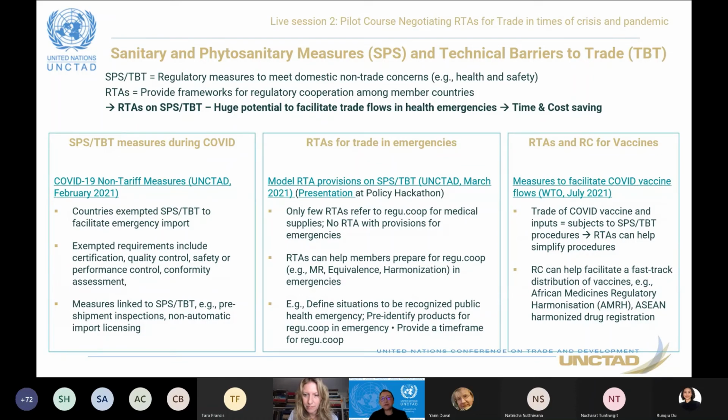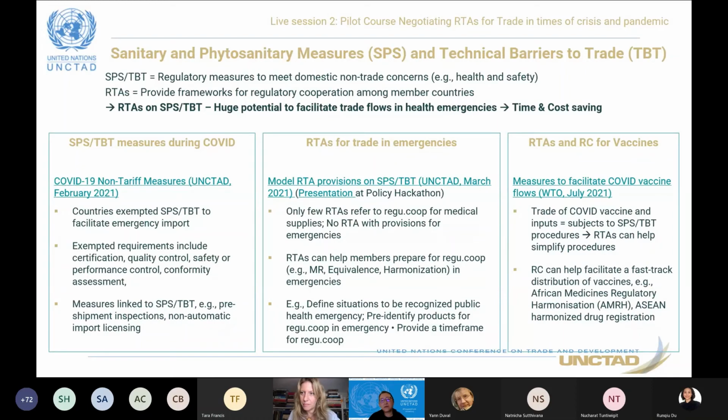This report talks about the trade, or the circulation, of COVID vaccines, and also the inputs to the COVID vaccines, which are subject to a lot of SPS and TBT procedures and regulations. It highlights the importance of bilateral and regional trade agreements to help simplify these import procedures that can really influence the flows of the vaccines.